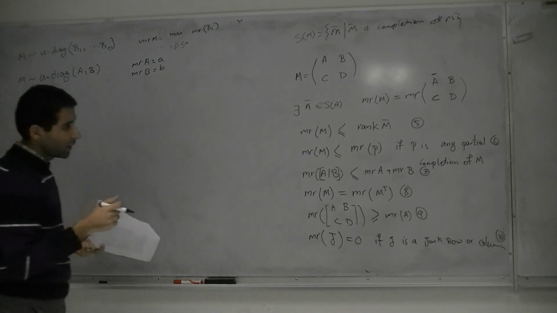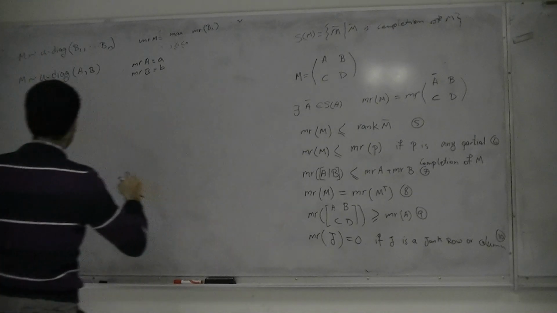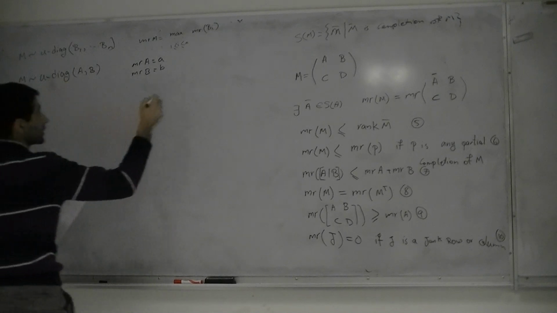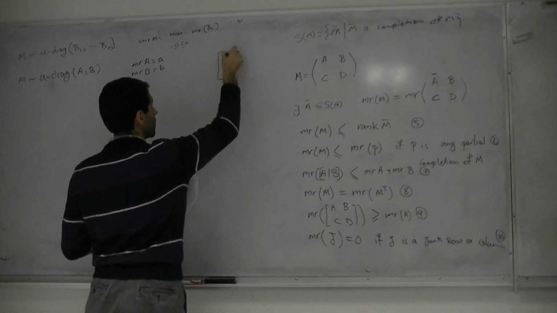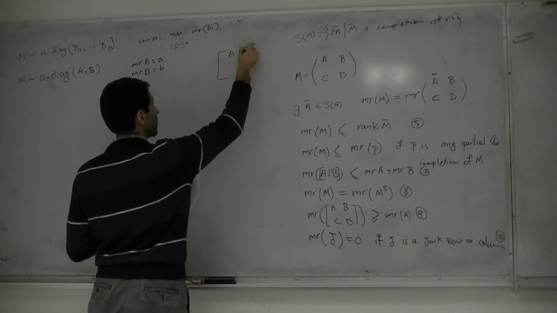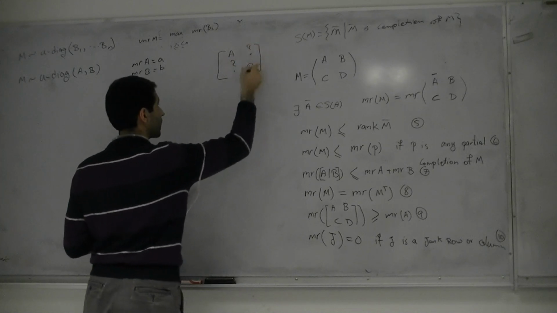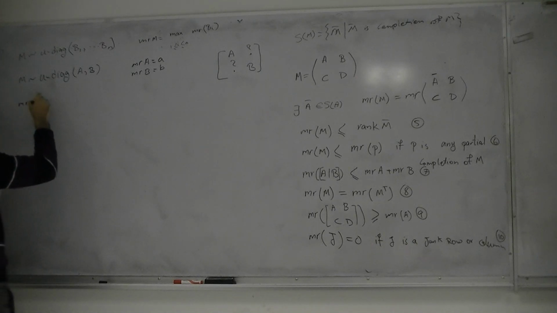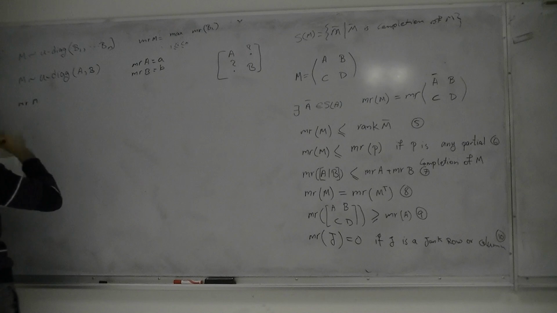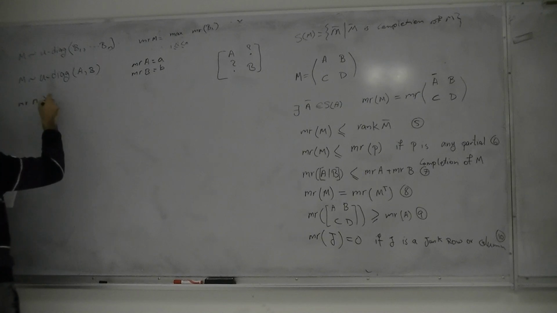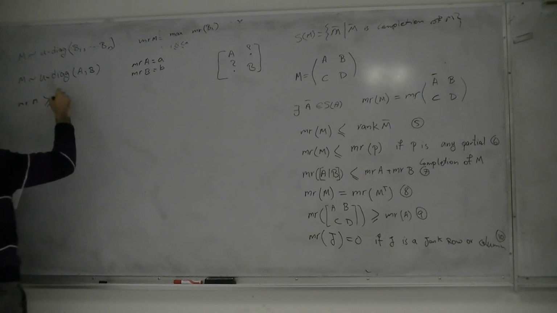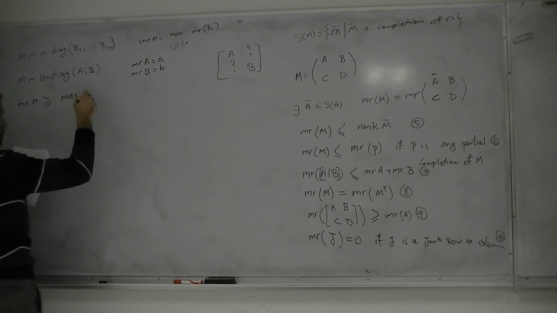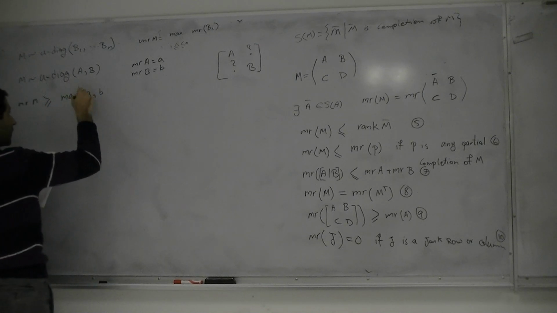By number 9 here, because this one is A, B. By number 9, we know the minimum rank of M is bigger than or equal to the maximum of A or B.